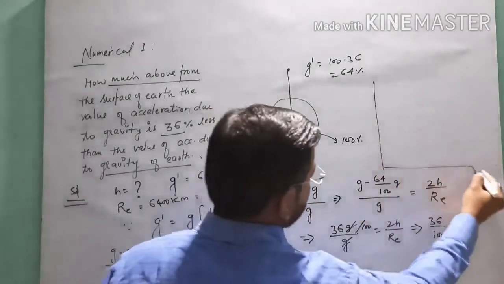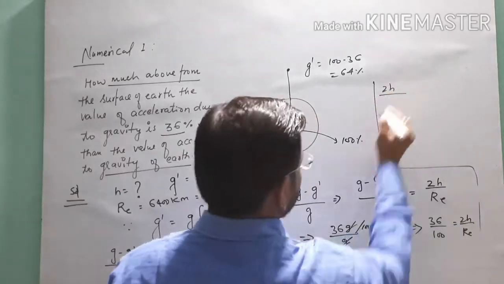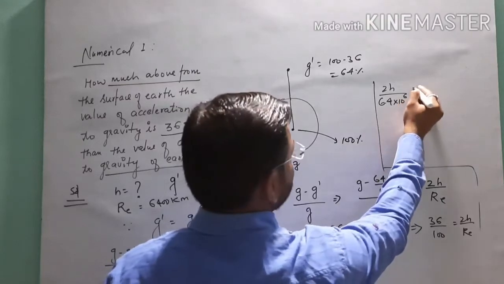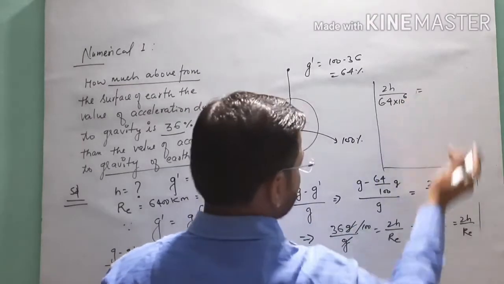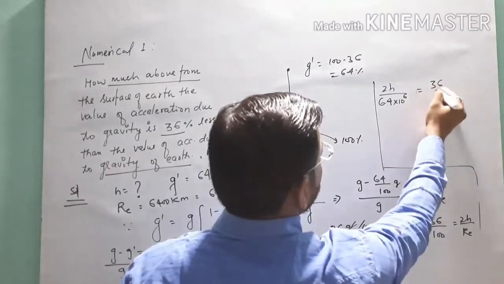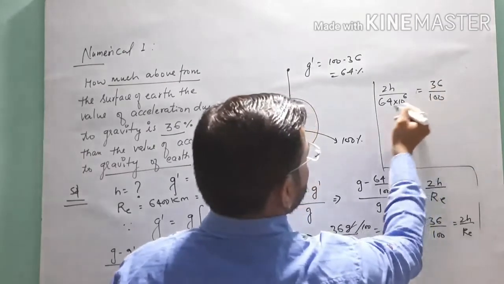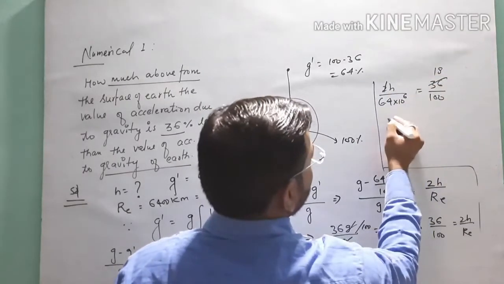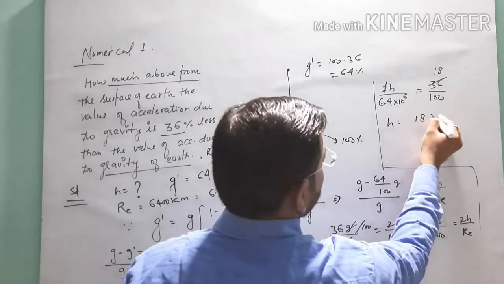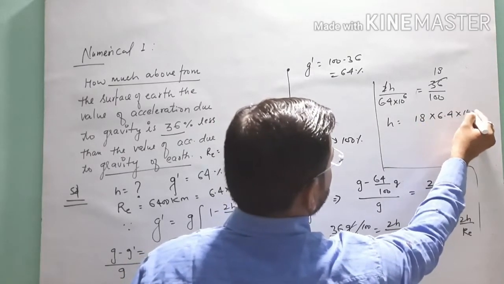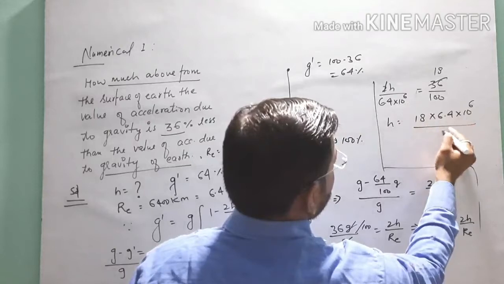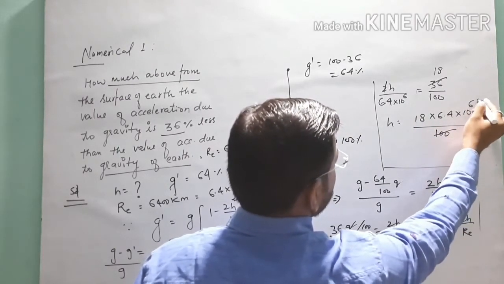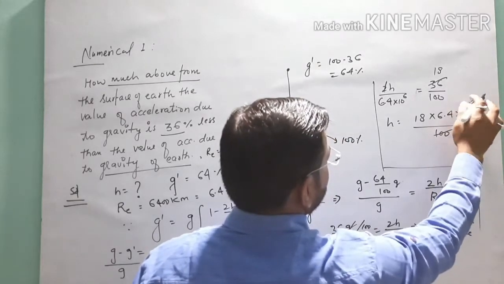Now you can write the value of Re, which is 6.4 into 10 raised to the power 6, equal to 36 by 100. Point clear? So 2 into 18, h is equal to 18 into 6.4 into 10 raised to the power 6 over 100. Two zeros cancel out by two zeros, so it will remain 4 here.